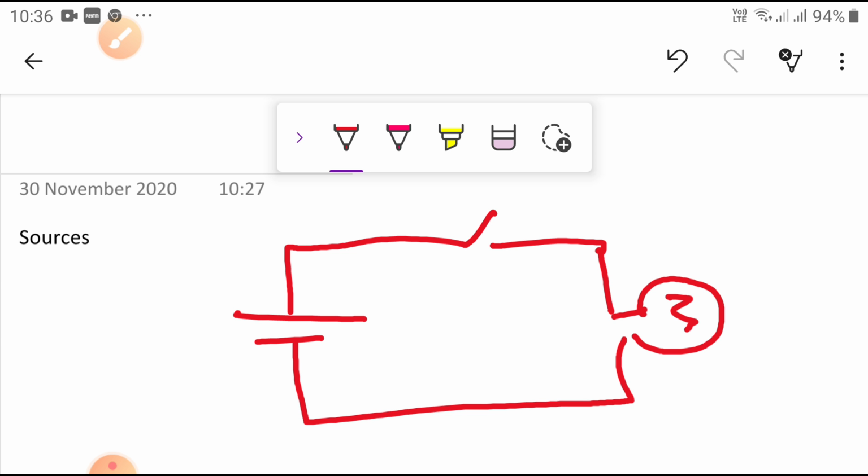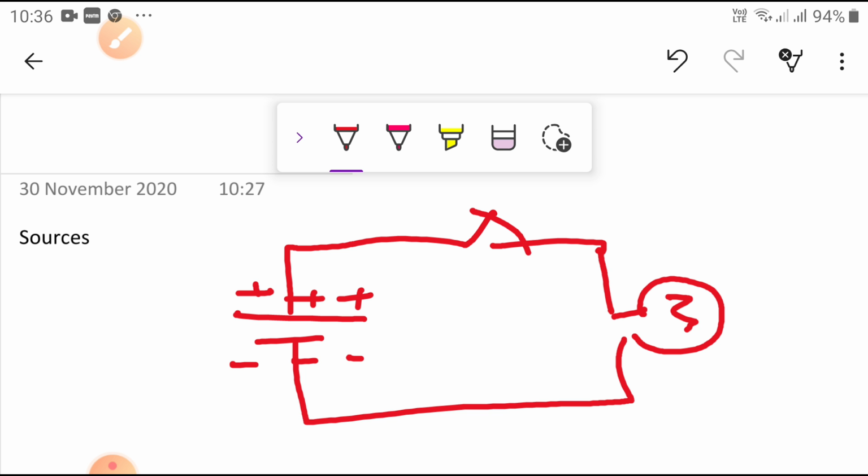Now, what will happen? If the circuit is open, a battery is connected here. For example, a DC battery, where it has the positive charges on one plate and the negative charges on the other. Now, the circuit is opened, so the current is zero.